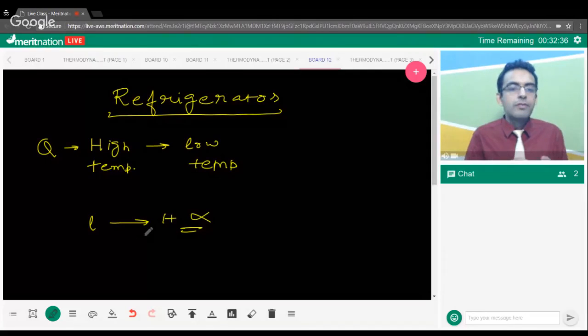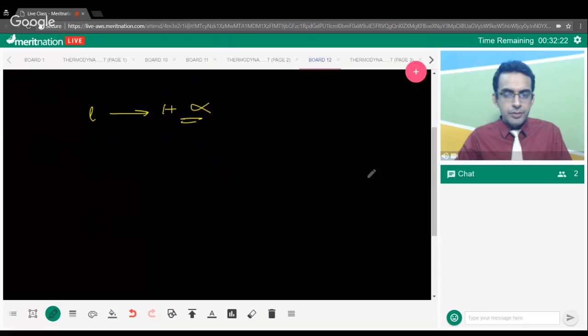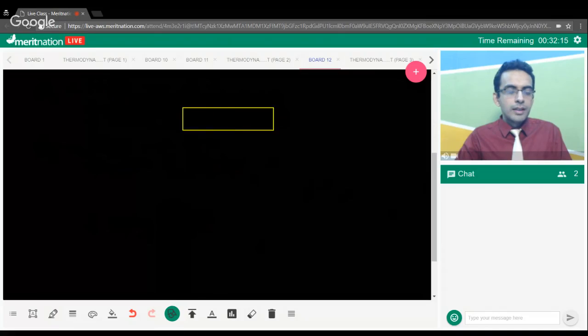Okay, you have to do the work. So if you do some work over it, only in that case you can transfer heat from low temperature to higher temperature, right? So for a heat engine, let's take similar things. Let's take this is the surroundings.